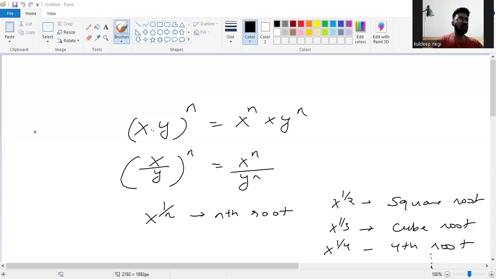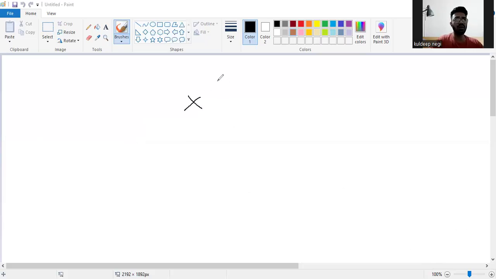Now, what will happen if I have to deal with a fractional power? For example, a number raised to power p by q. So here the power is fractional. In this case, p represents the repetition and q represents the nth root.